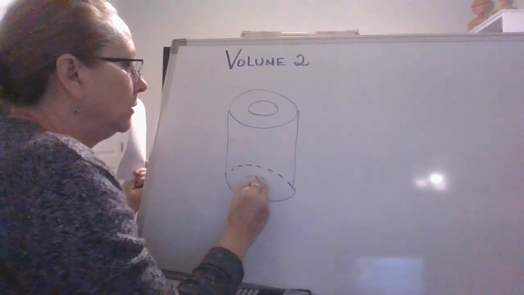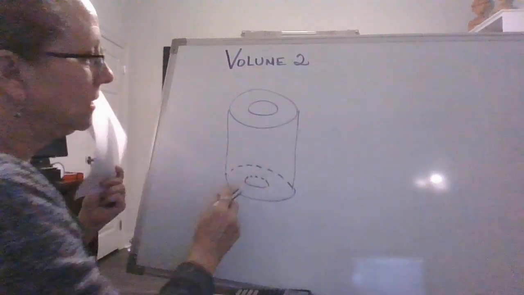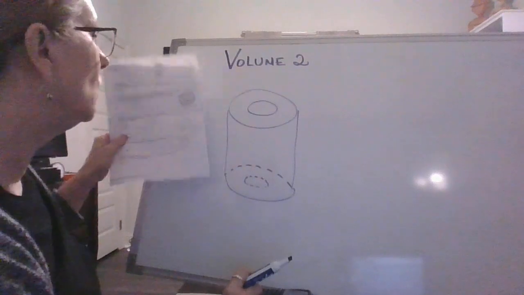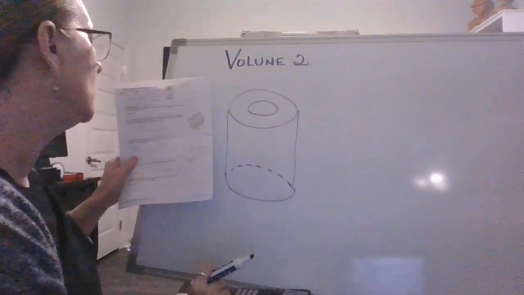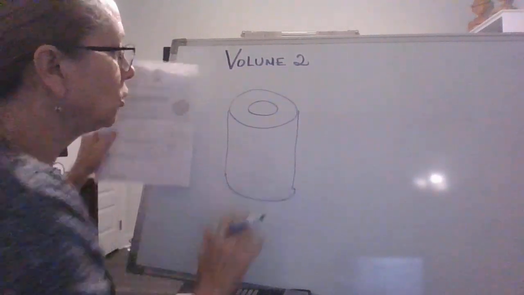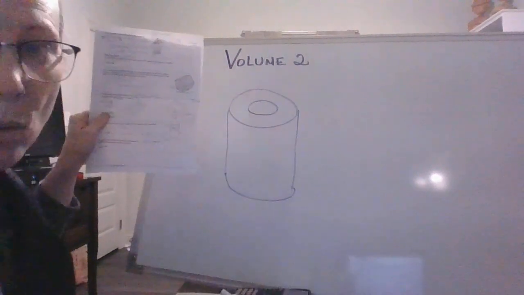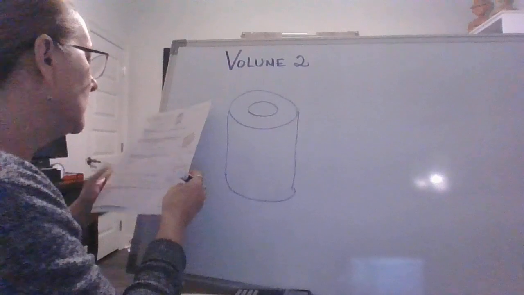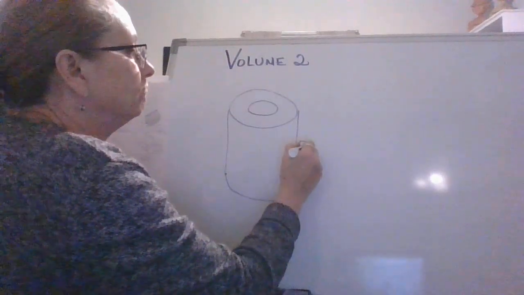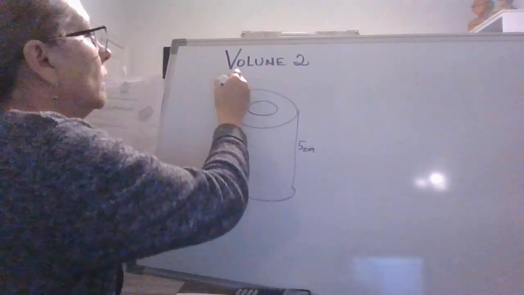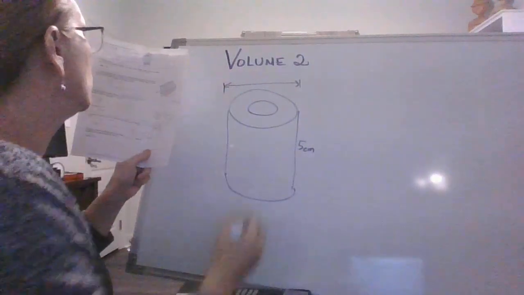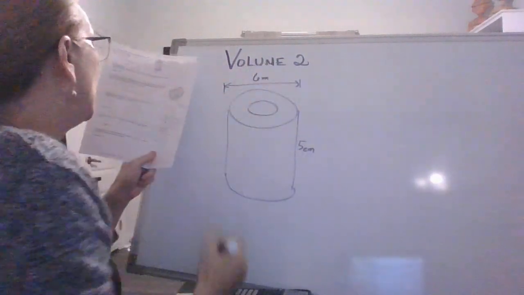Same hole in here that we can't see because it's at the bottom. Usually the picture just shows you that cylinder with a hole. Our height, 5 centimeters. Our diameter all the way across from one side of the cylinder to the other, 6 centimeters.